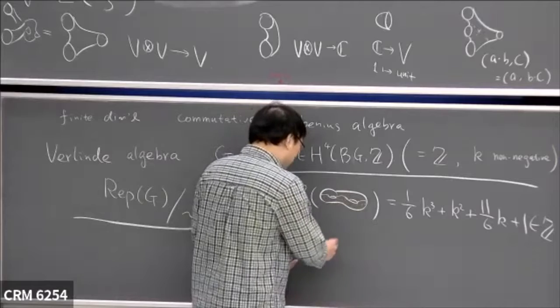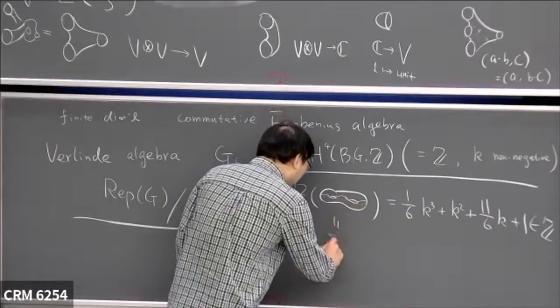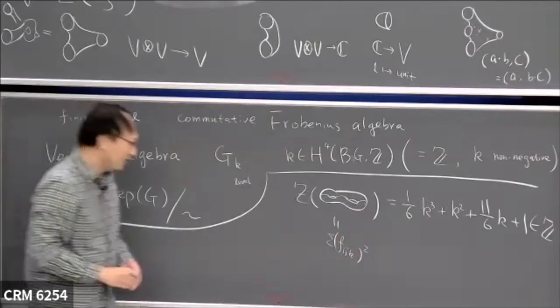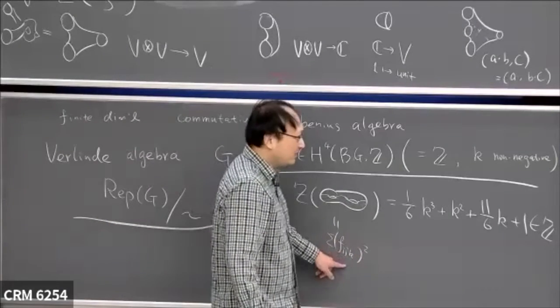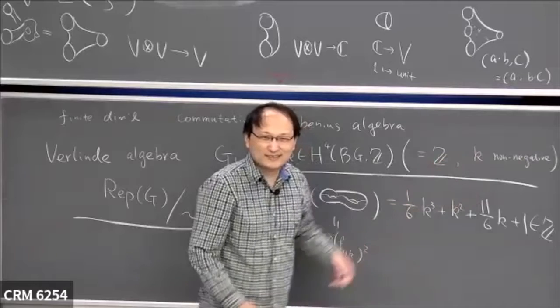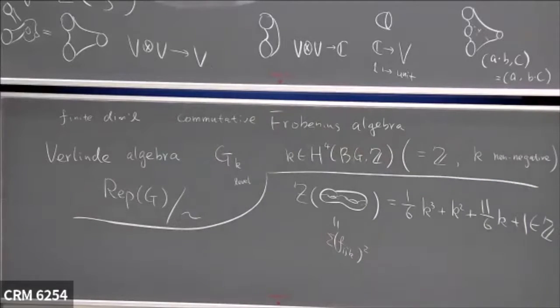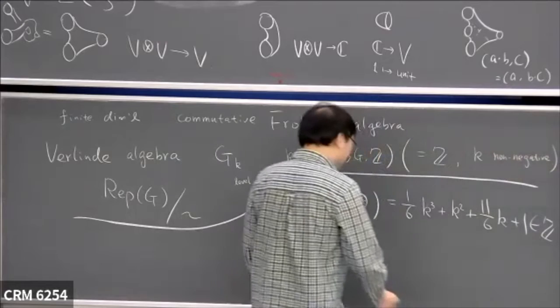Then you know that this should be the summation of F_ijk squared. And F_ijk is either 1 or 0. So you are summing over the ones. So that's the number of points, or even points, inside the tetrahedron.